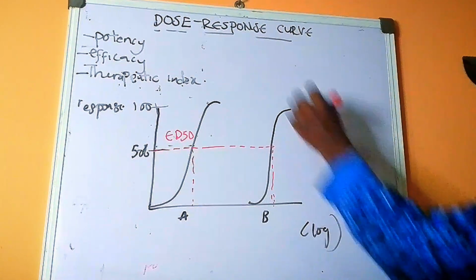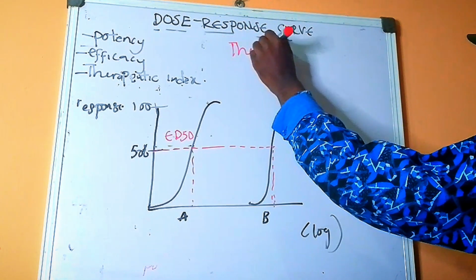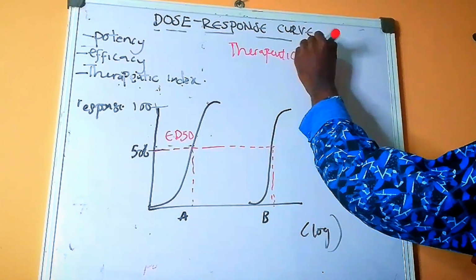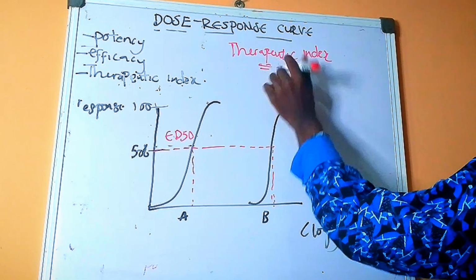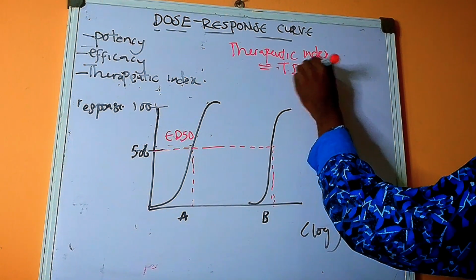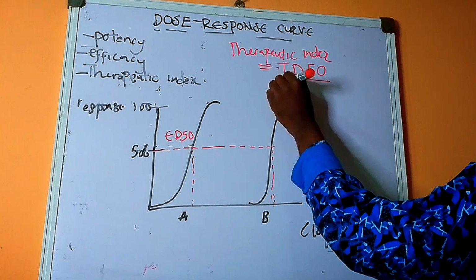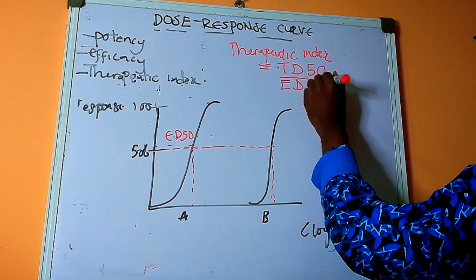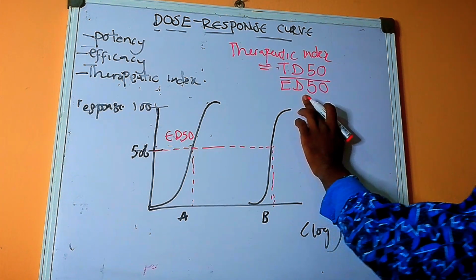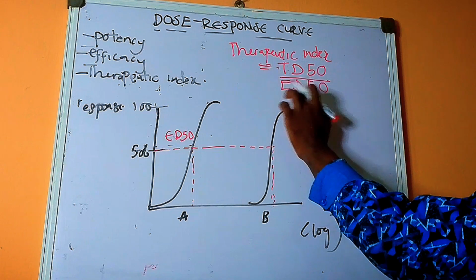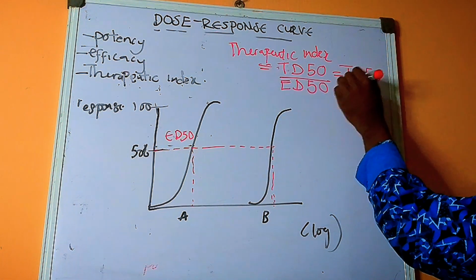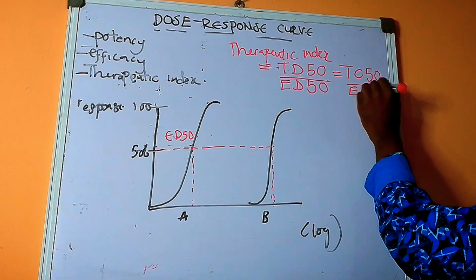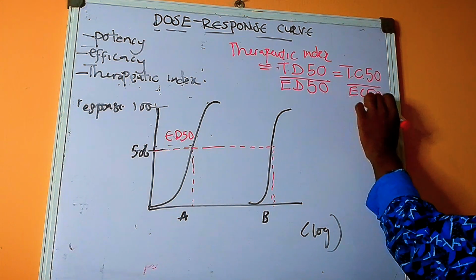Now, therapeutic index or therapeutic ratio is the ratio of the toxic dose, TD50, to the effective dose, ED50. If you're dealing with concentration, we have TC50 to EC50, toxic concentration to effective concentration.